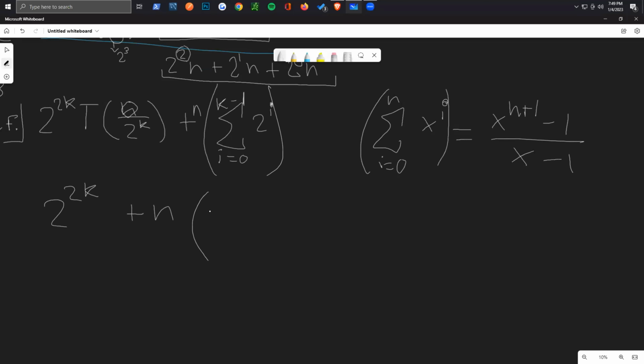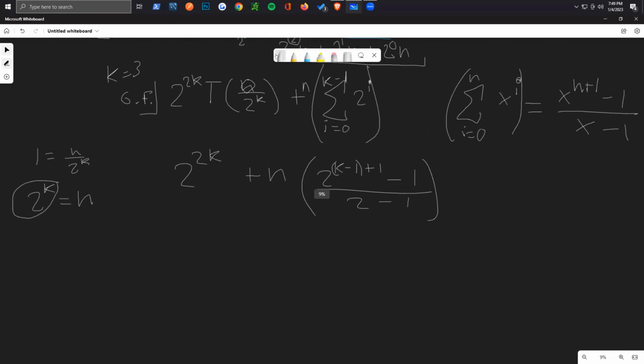So now we have 2 to the k minus 1. So remember, you're not using n, this is going to be your n. It's whatever's at the top bound. So k minus 1 plus 1. Then we have a minus 1 on the outside, and then we have 2 minus 1 at the denominator.